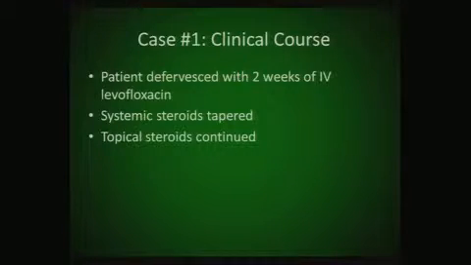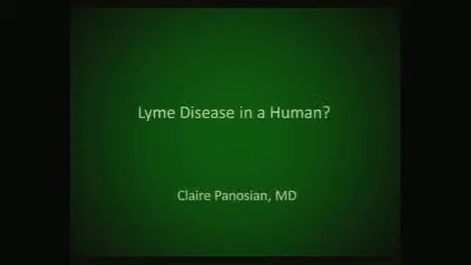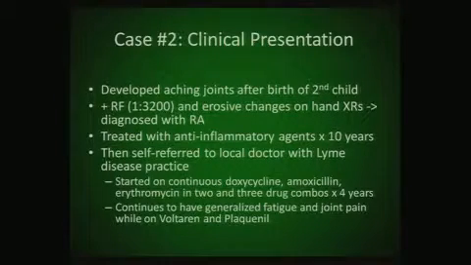But what I began to see were many patients who were carrying a misdiagnosis of Lyme disease. So I thought I would share one case like that. This was a woman who actually carried the diagnosis of rheumatoid arthritis after she was in her 30s, and after the birth of her second child, she developed some fairly characteristic changes on her hand x-rays and had a rheumatoid factor which was markedly positive, and was treated appropriately with anti-inflammatory agents for about 10 years.